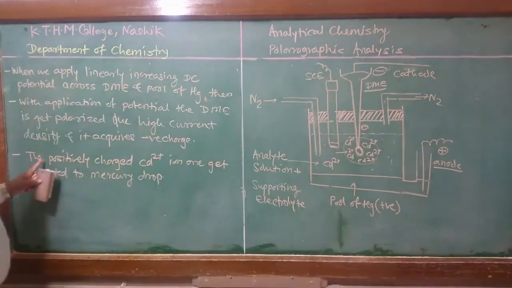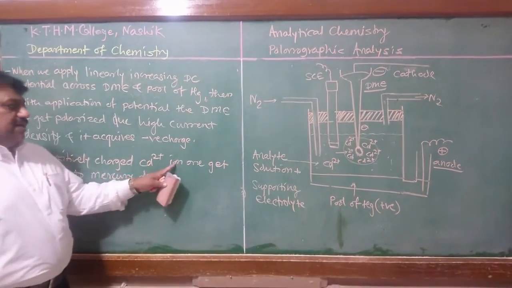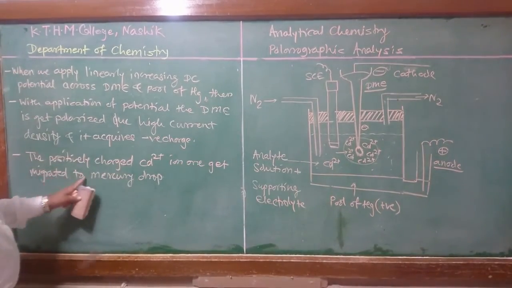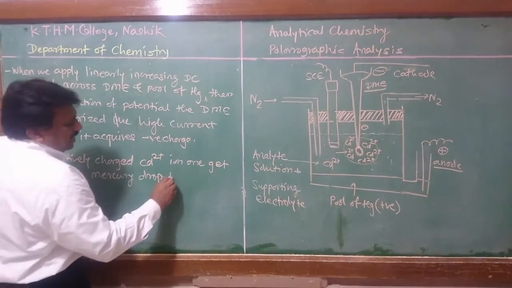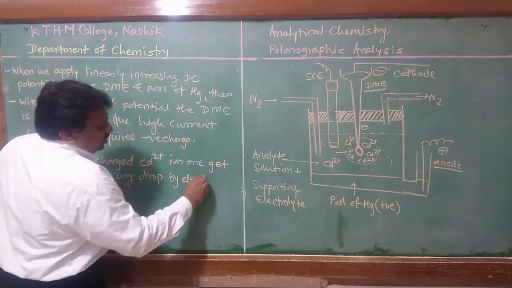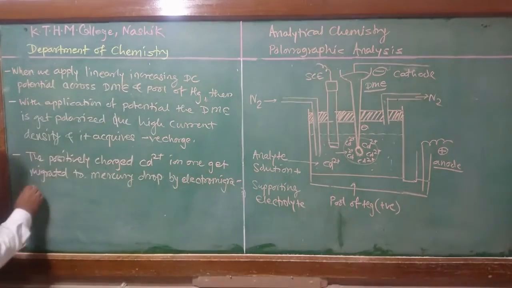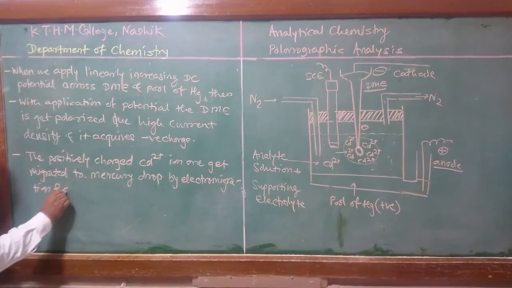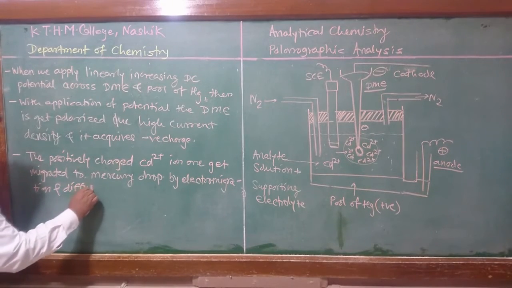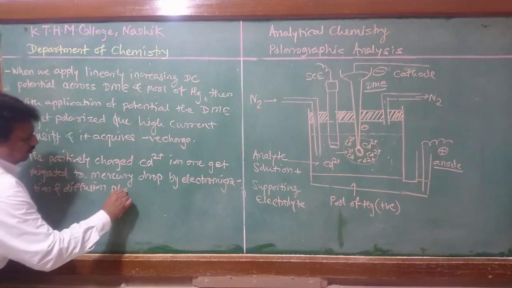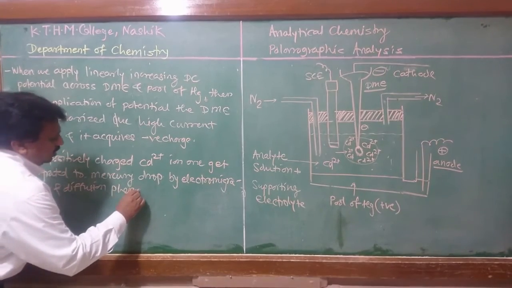Therefore here, the positively charged cadmium ions get migrated to the mercury drop by electromigration and diffusion phenomenon.